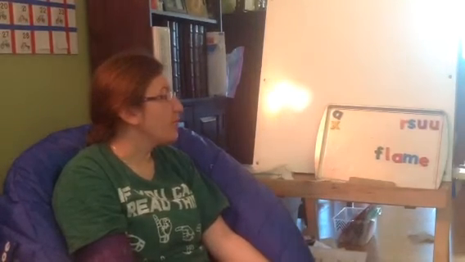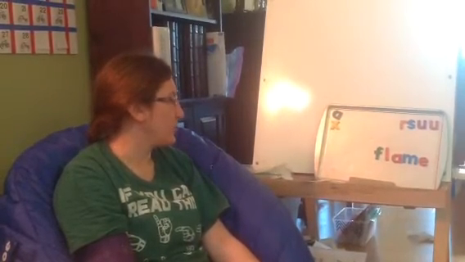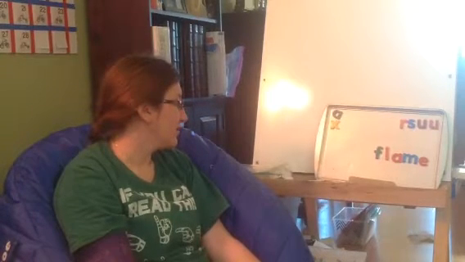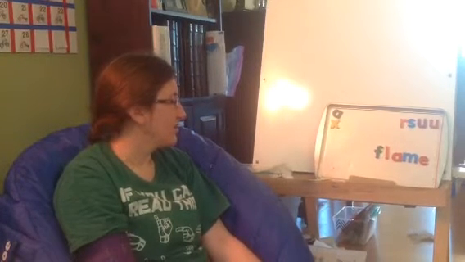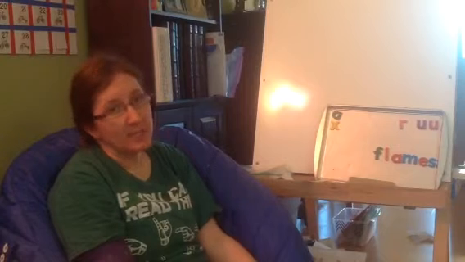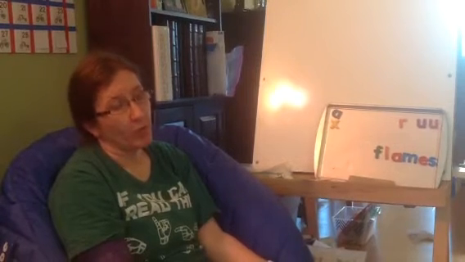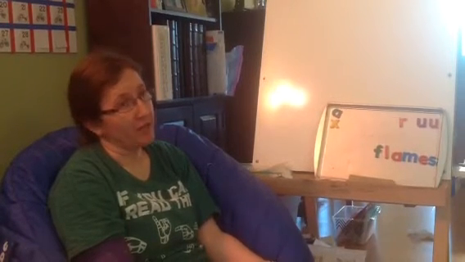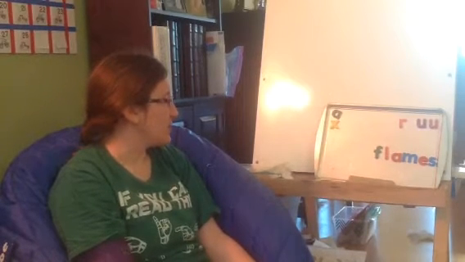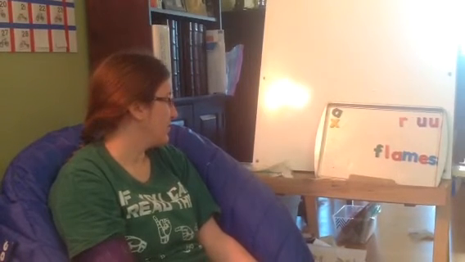If you don't have flame, you can add it to your list. Then I'm going to add an S to the end to make the word flames. Like if I have more than one piece of fire, I have flames. If you don't have flames, you can add it to your list.